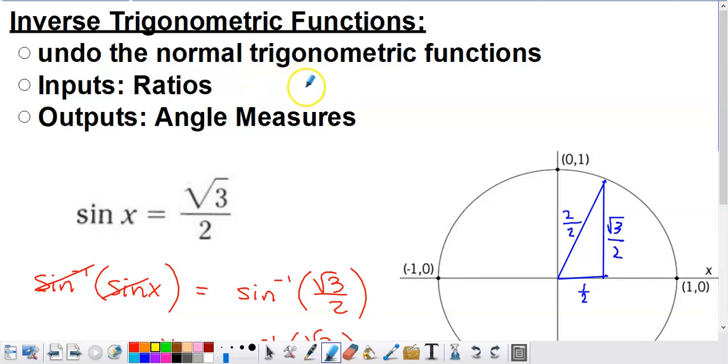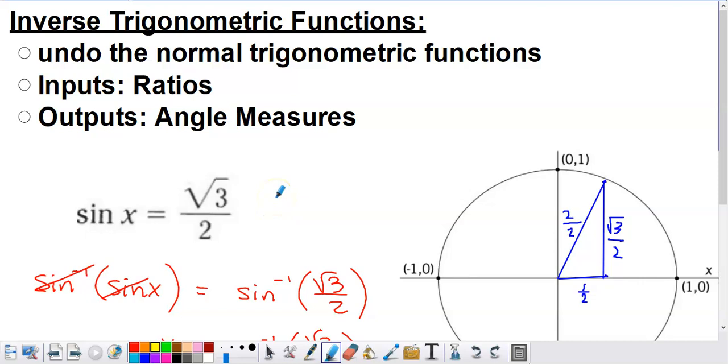What you have to realize here is if you look at this equation right here, sine of x, what we put into a normal trig function, and sine is a normal trig function, is an angle measure. So x is an angle measure. What's on the other side of this equation that you see on the screen is the ratio for the sine function.